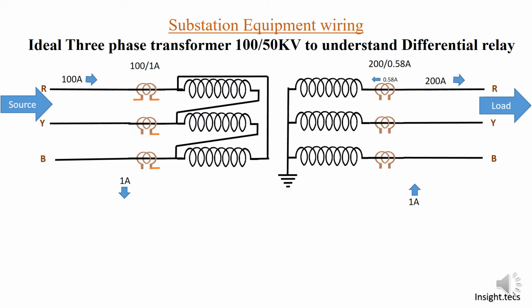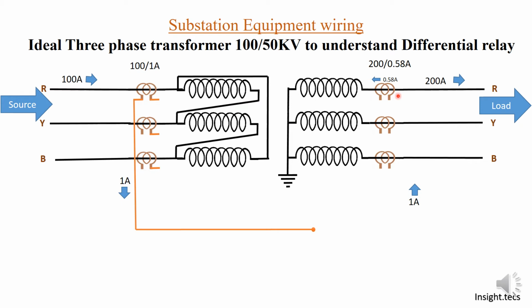So guys, now let us come back to our example of an ideal 3-phase 100 by 50 kilovolt transformer. You can see the winding of the transformer will be familiar to you now, that is a delta and a star winding. So what happens to the CT of this?